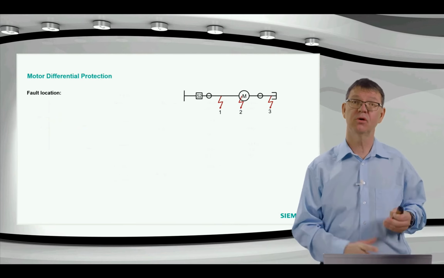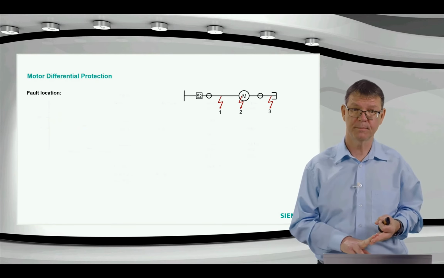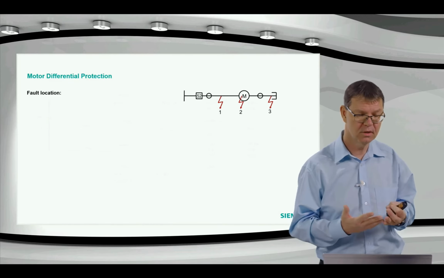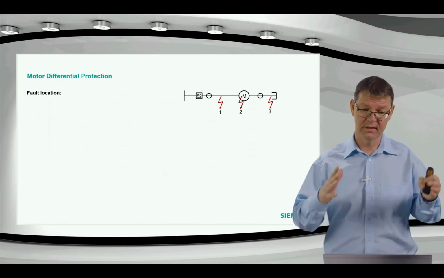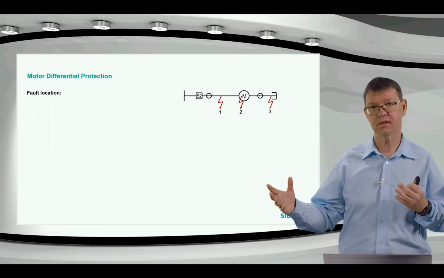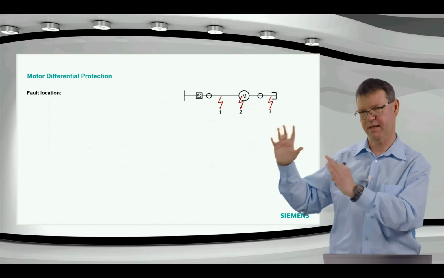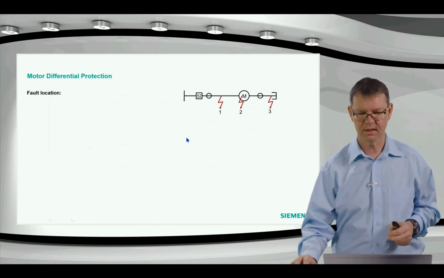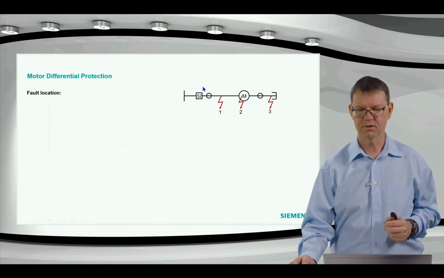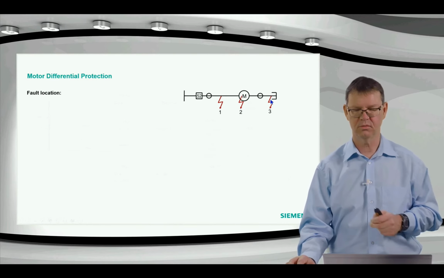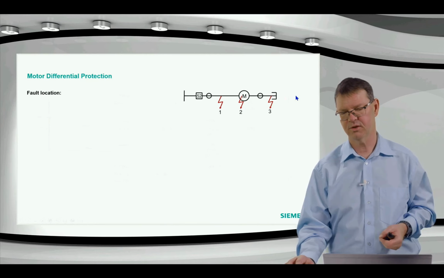Okay, let's have a look at the motor differential protection. First of all, we have to think about a differential protection. It distinguishes internal and external faults, and especially for the external faults, we think about the region behind the object. So outside of these current transformers. Internal means inside of the current transformers, external means normally, of course, also in front, but also behind.